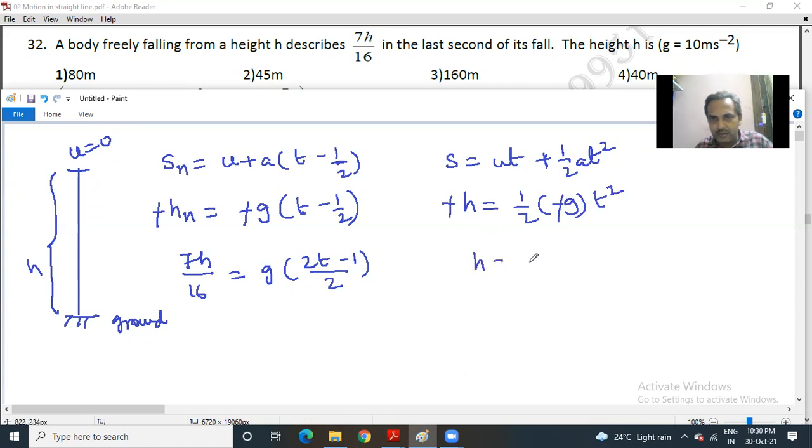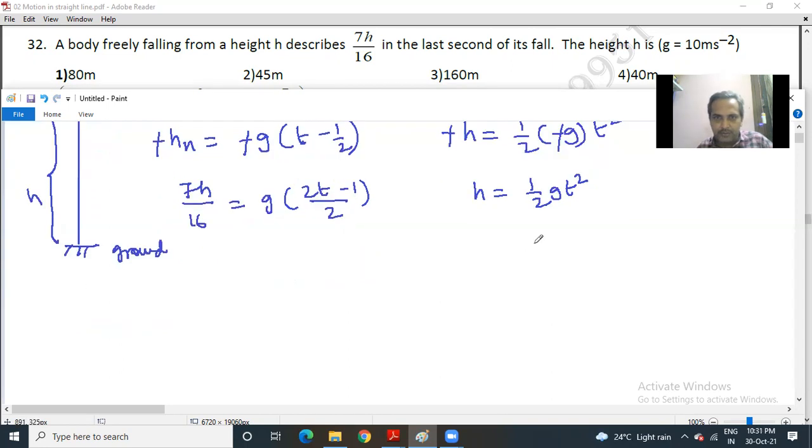So h is equal to half g t square. Now let us substitute h here. So 7 by 16 of half g t square is equal to g by 2 of (2t minus 1).